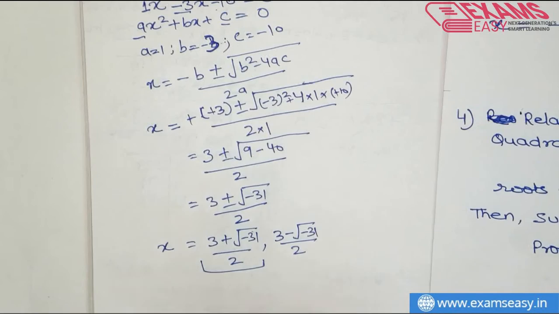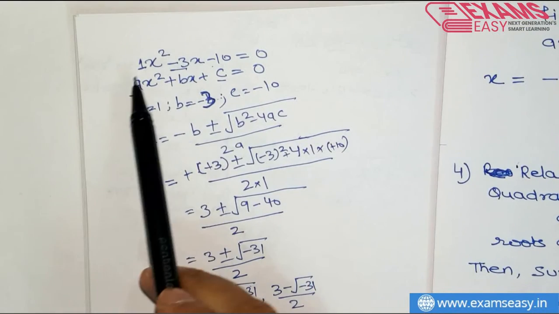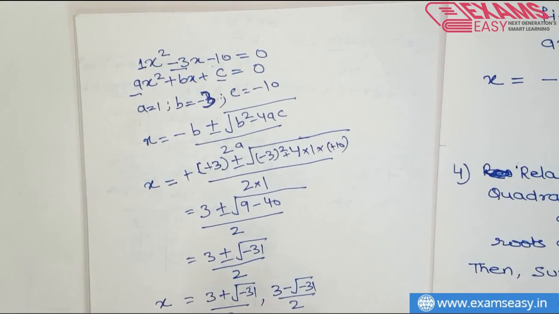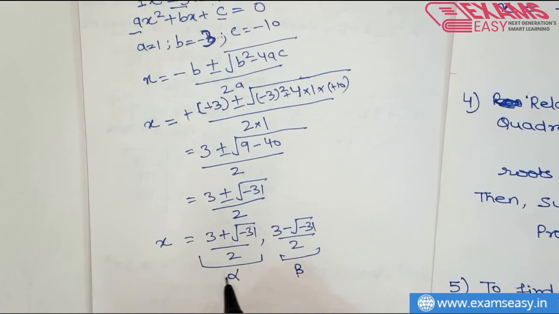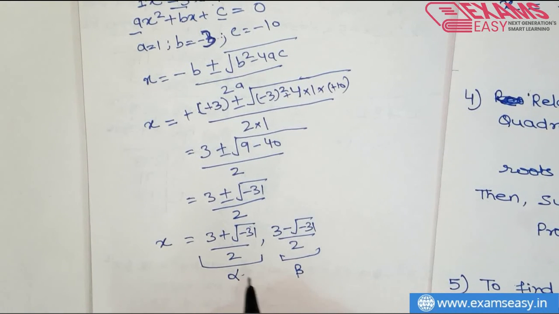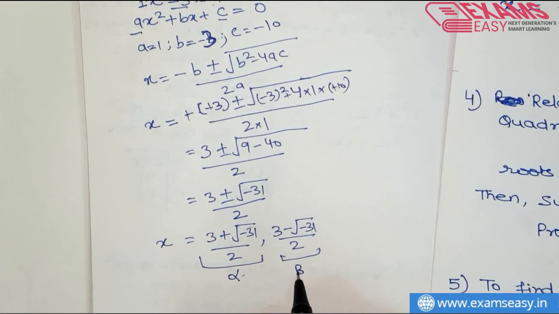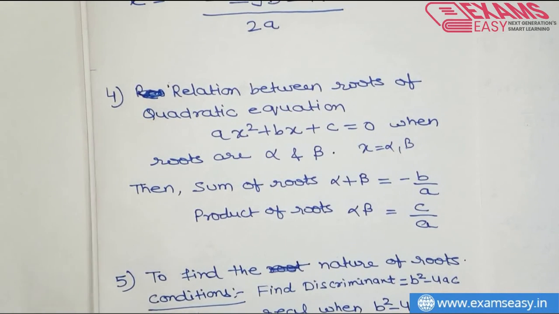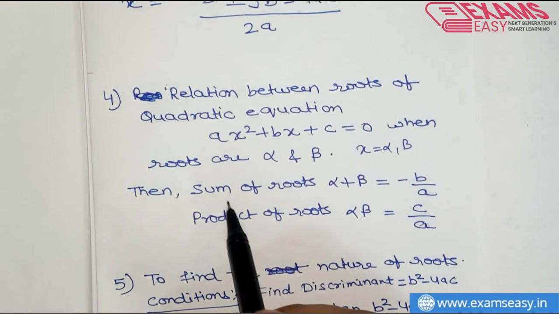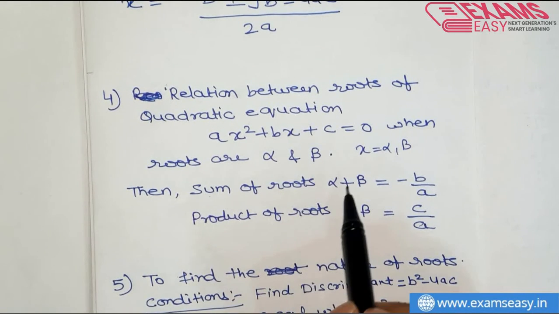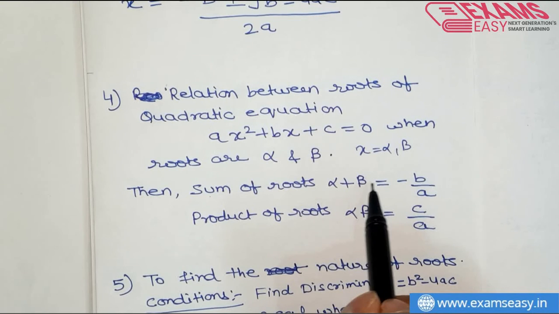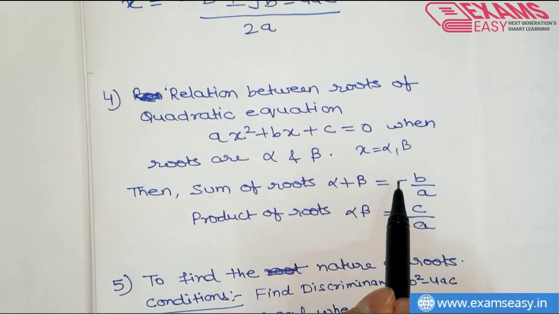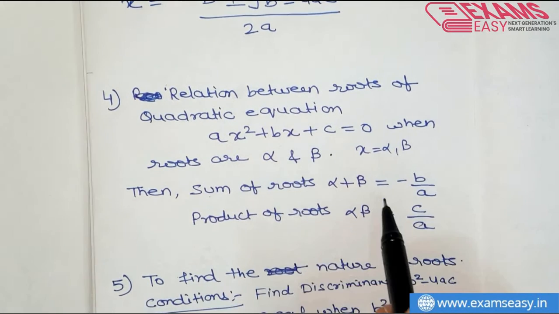When we solve any quadratic equation, we get two roots, and one root is represented by alpha and another root is represented by beta. So there is a relation between alpha and beta. If you take the sum of the roots, that means alpha plus beta, then it can be directly calculated from the quadratic equation by this relation.